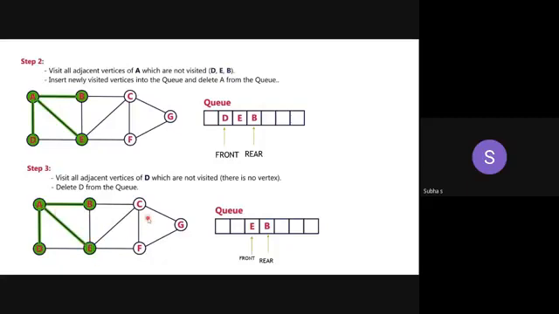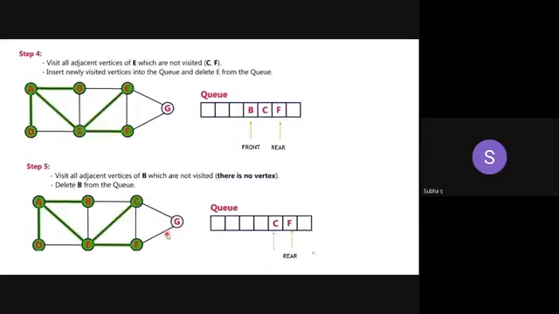For E: A, B, C and F. A and B are already visited, so put C and F. Okay, DQ E and then only put C and F. So insert the vertices and delete E from the Q.